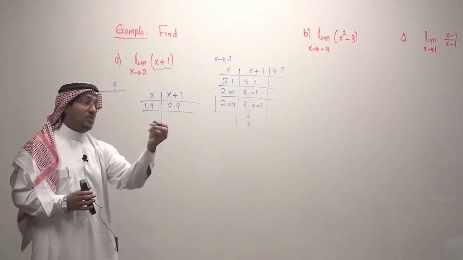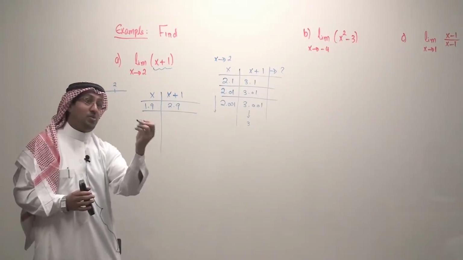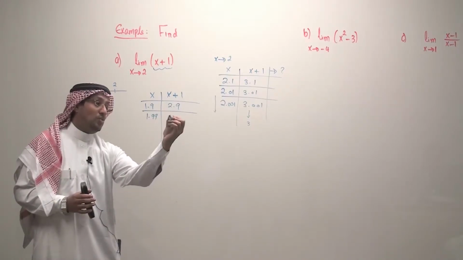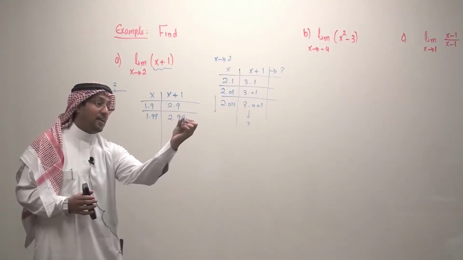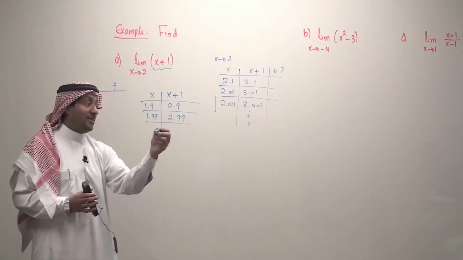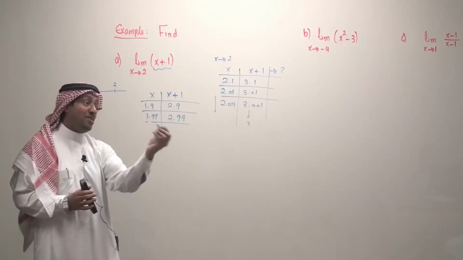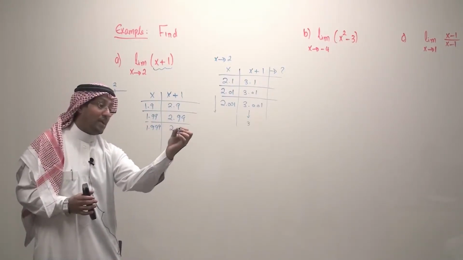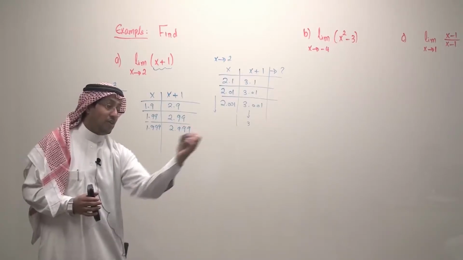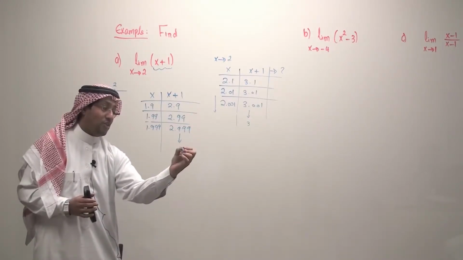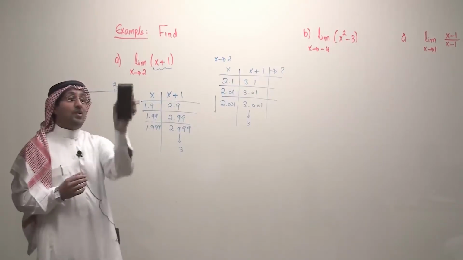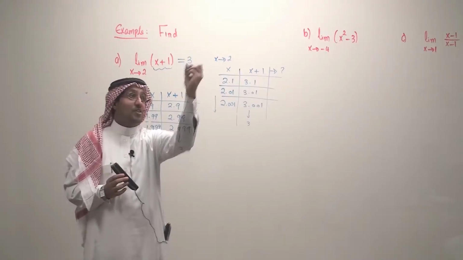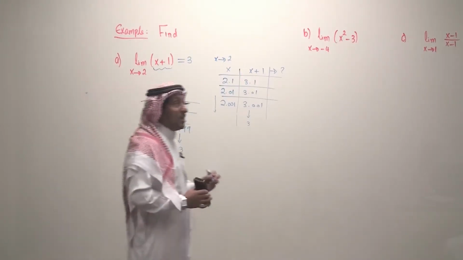When you take values even closer to 2 from the left side, say for example 1.99, this will be 2.99. As you see here, when you are getting closer and closer to 2 from either side, you are getting closer and closer to 3. So this one, in fact, is approaching 3. So the value of this limit, in fact, is 3.